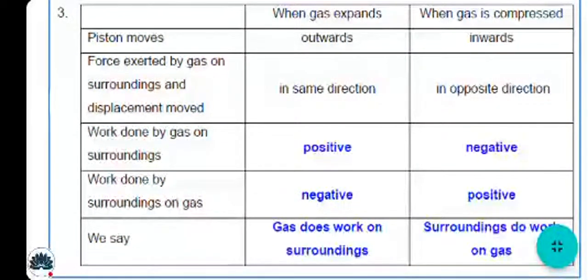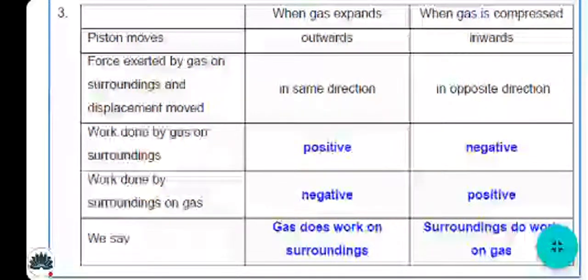When it is compressed, it's positive. But work done by gas on the surroundings is positive when it expands and negative when it is compressed. So that is work done by gas on the surroundings and work done by the surroundings on the gas.